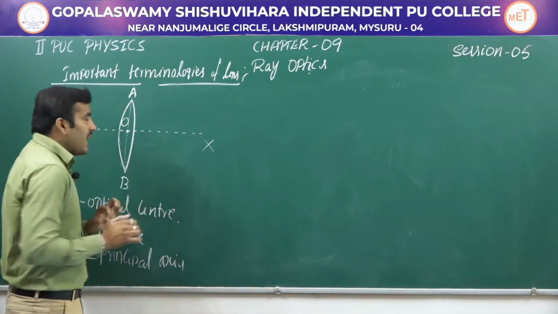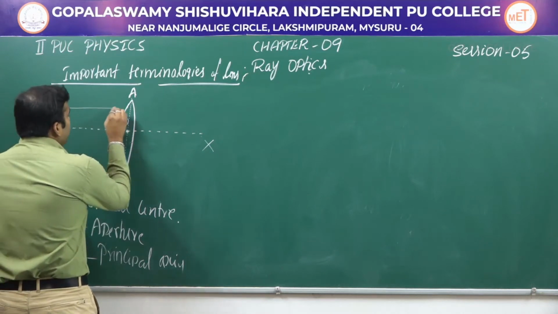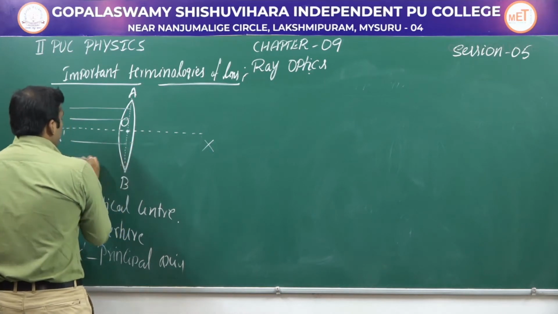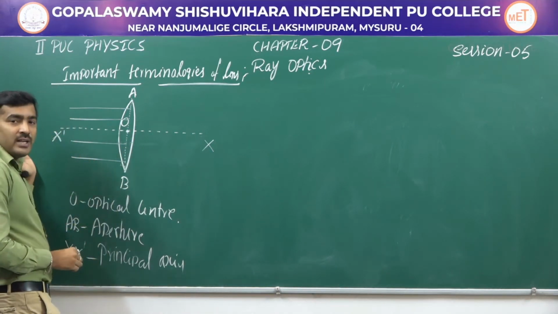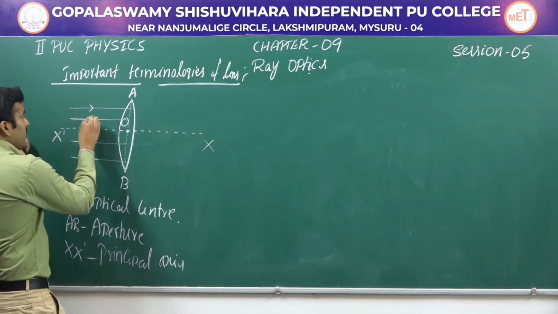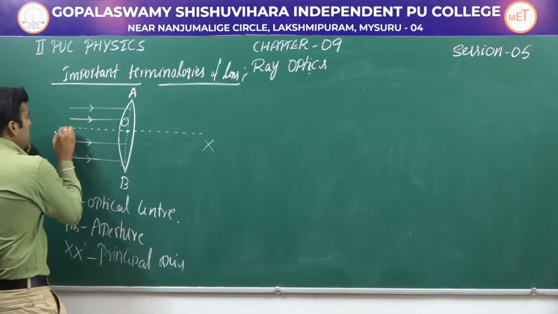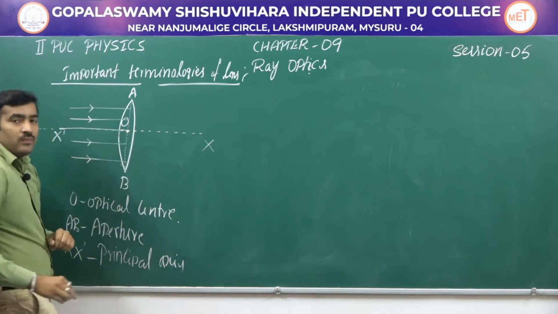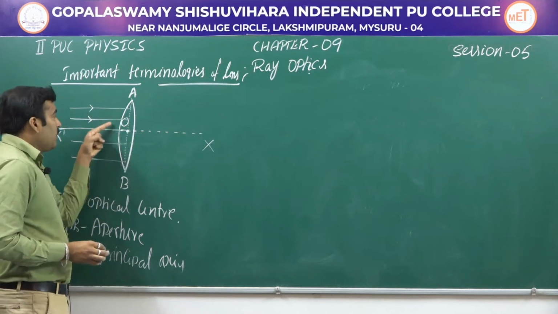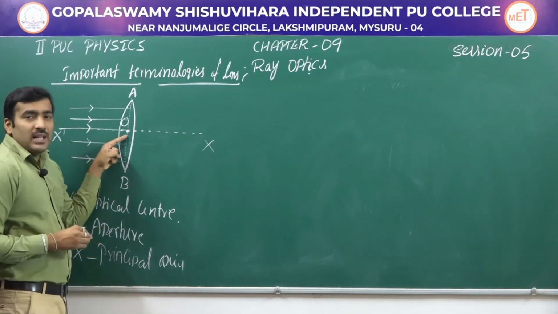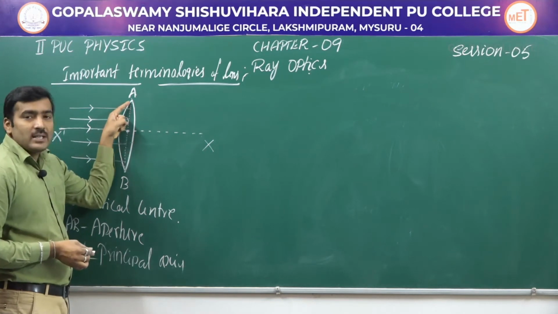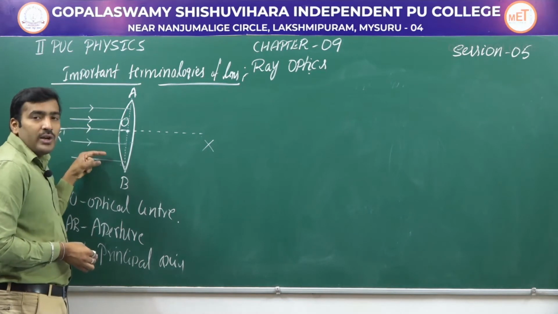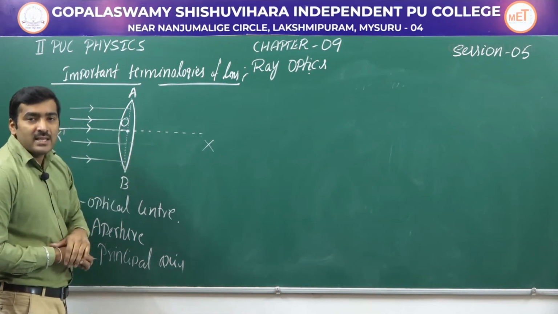Next, let us say that a parallel beam of light is incident on the convex lens. Let us say that an object is placed somewhere at infinity, a parallel beam of light. You can see a parallel beam of light is incident on this convex lens. When the parallel beam of light is incident on a convex lens, the refraction takes place on this convex lens at this aperture, and all these rays are going to bend towards the principal axis.